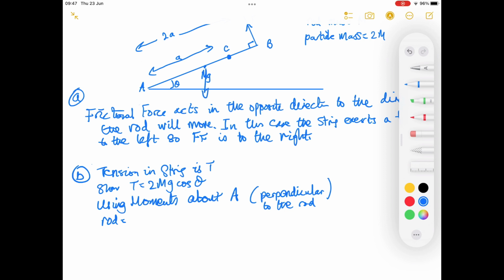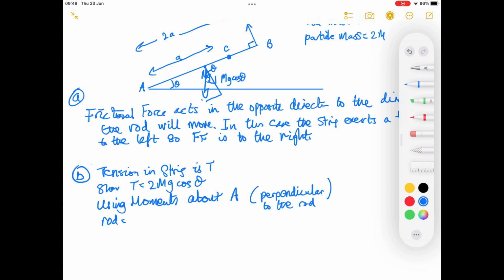Okay, so the angle at the top of that triangle is going to be theta, and so that perpendicular one is mg cos theta.